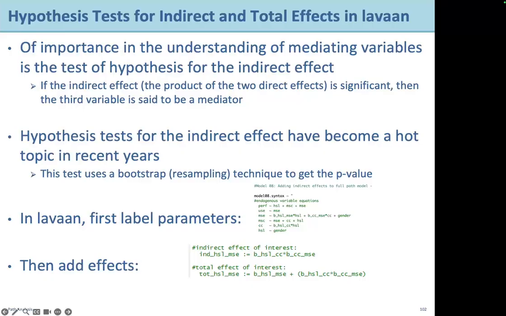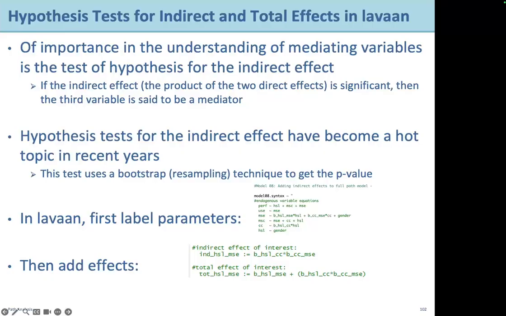What bootstrap does is take your data, treat it as the population of cases, and then draw with replacement a sample from your data that's equal to the original size. If we have 350 observations, I'll take that whole 350 and at random draw 350 of them, some of which may be identical.